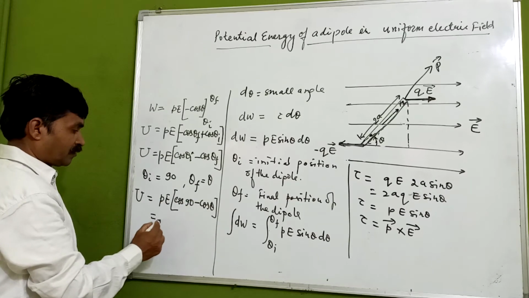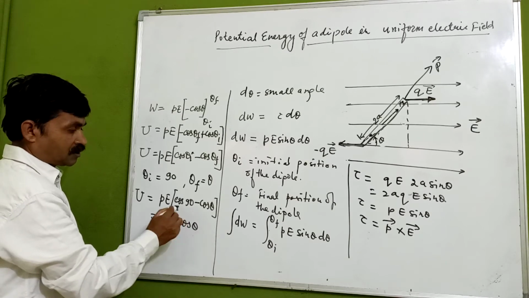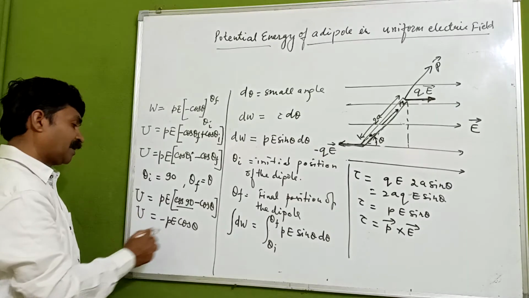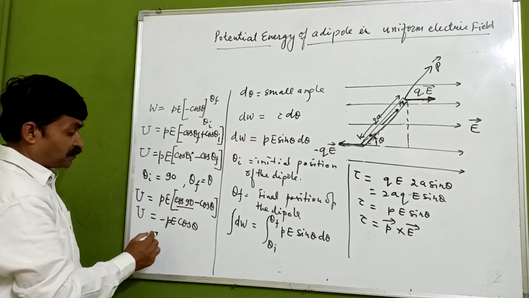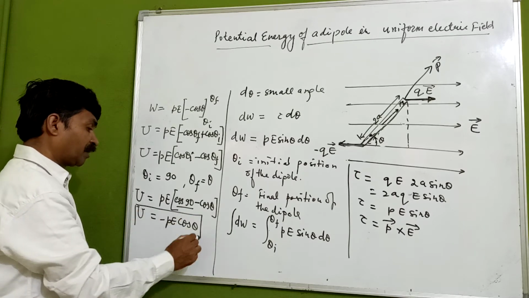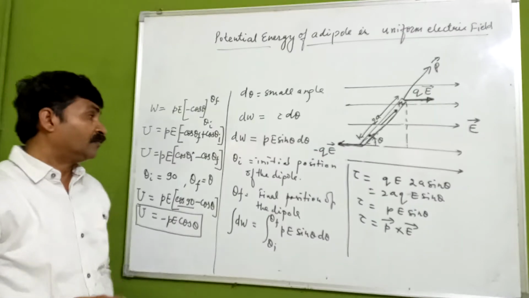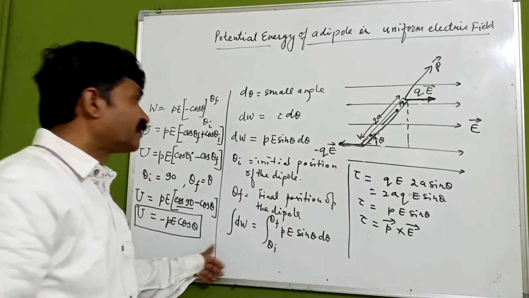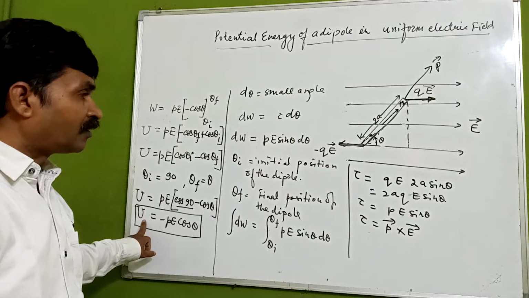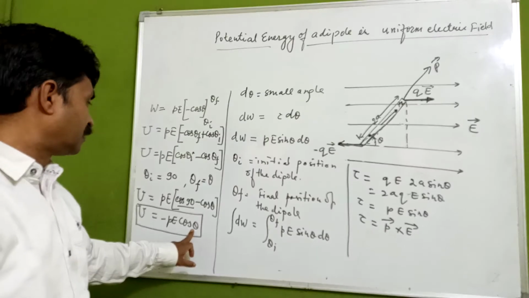So we get minus pE cos theta, because cos 90 is 0. So the potential energy in terms of pE cos theta gives the potential energy of a dipole when it is kept in a uniform electric field. So U is equal to minus pE cos theta.